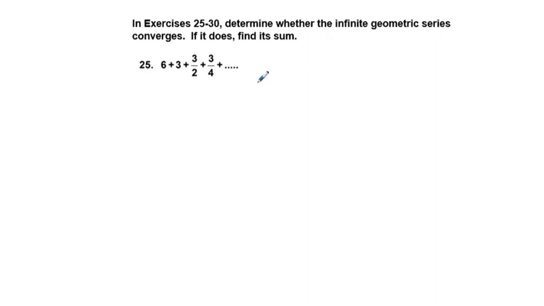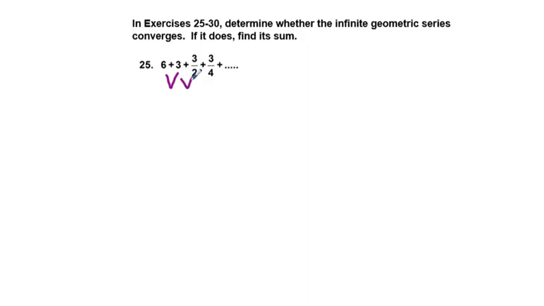Well, what I'm going to do now is introduce the formula for finding the convergence of an infinite series. First thing we need to do is figure out whether the series converges. And if we look at the numbers getting progressively and systematically smaller, which we do, if we go from 6 to 3, well, that would be subtracting 3 or plus negative 3.